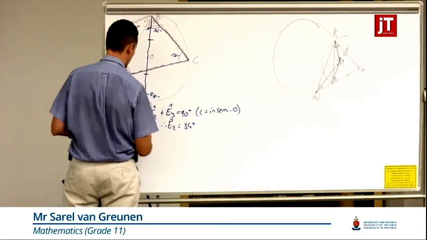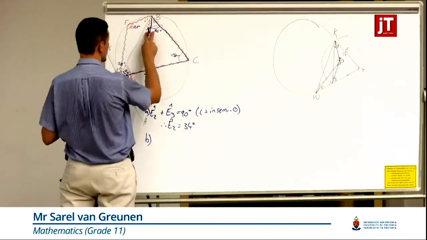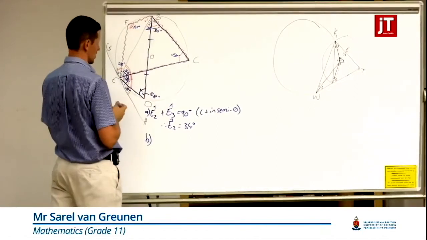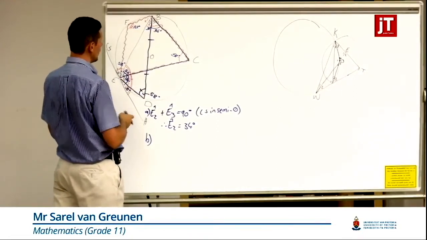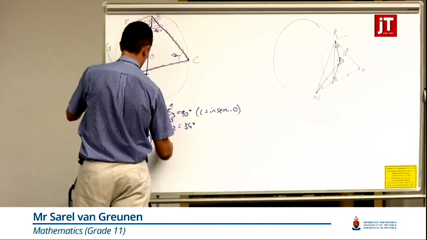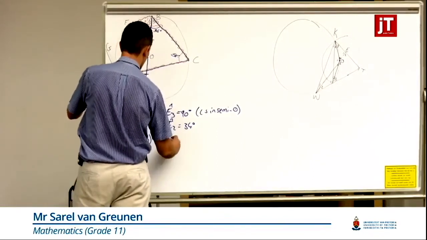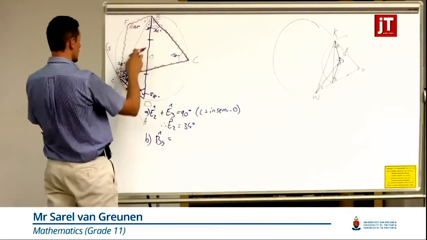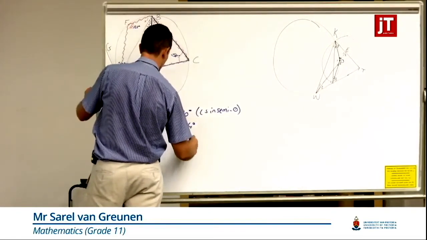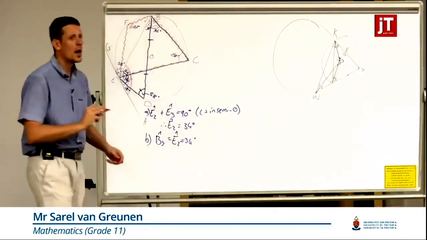The second one is now I'm looking for B2 and B3. Well, I've got a few choices. I'm going to go with B3, because I need something with B3. B3 is the same as E2, which is 34 degrees. Look at the way I write it.